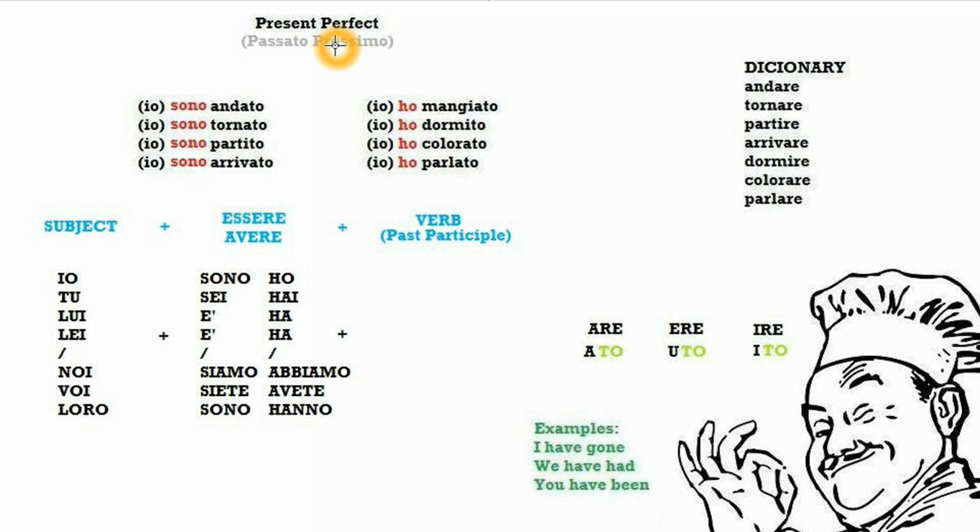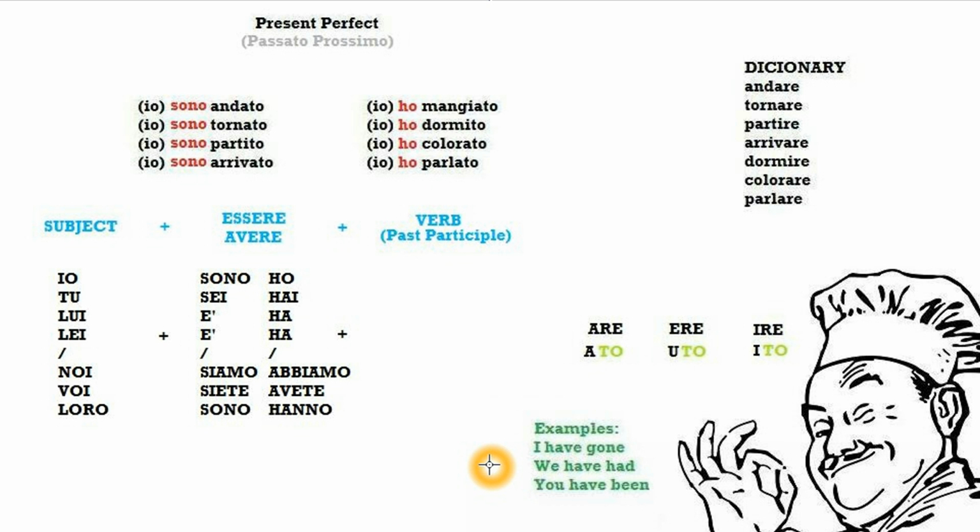The present perfect is used for when an action or a process is not completely finished. Okay, so we're not talking about the past simple in this video. We're talking about the present perfect. So it's still present. So I have done something, it's still going on. So I have finished dinner.